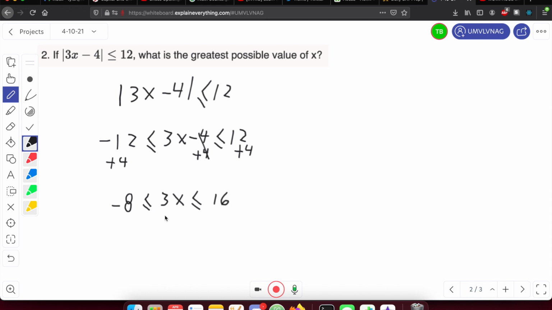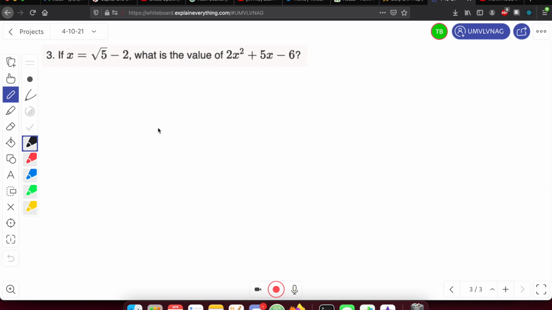And now we simply have to divide all three components by 3 to get rid of that term on the x. This leaves us with negative 8 thirds is less than or equal to x, which is less than or equal to 16 over 3. This means that the greatest possible value of x for this inequality is 16 over 3.